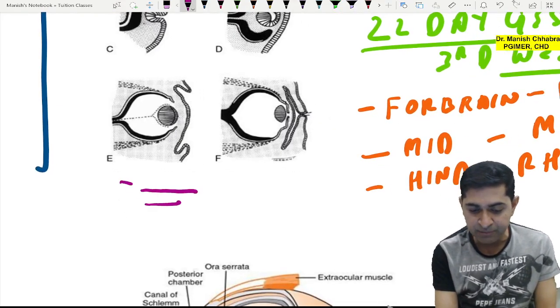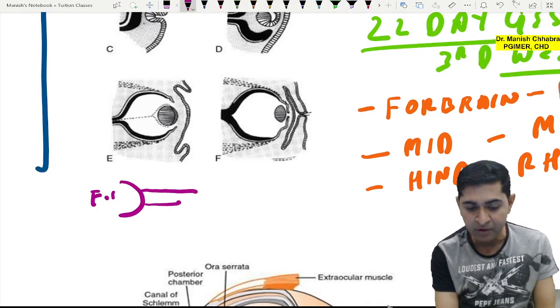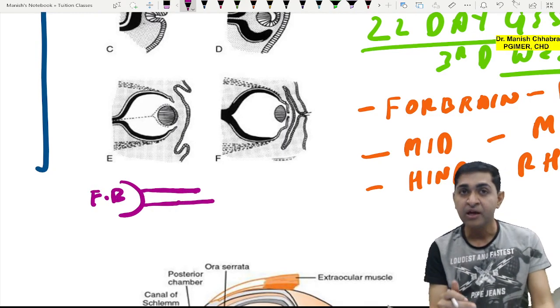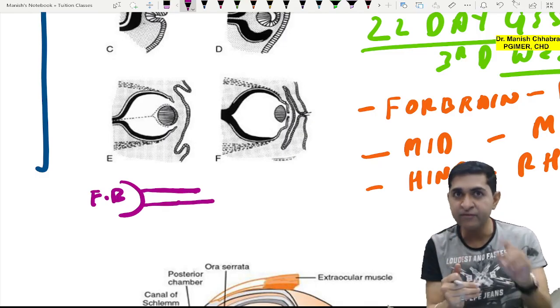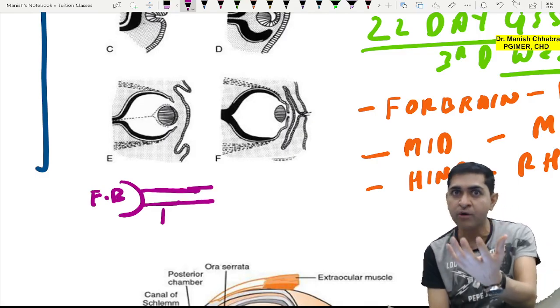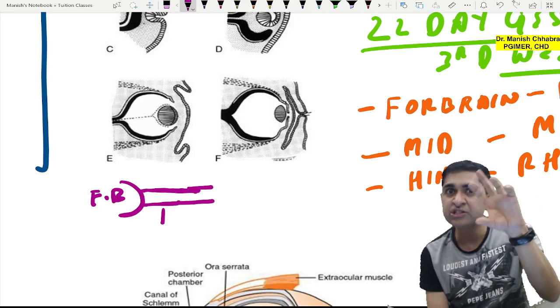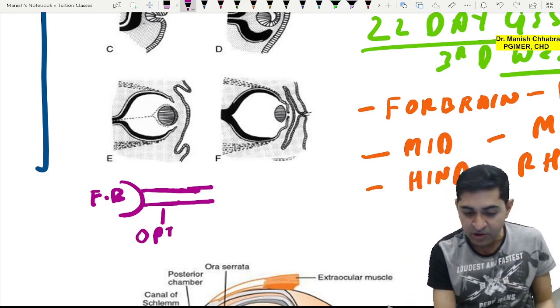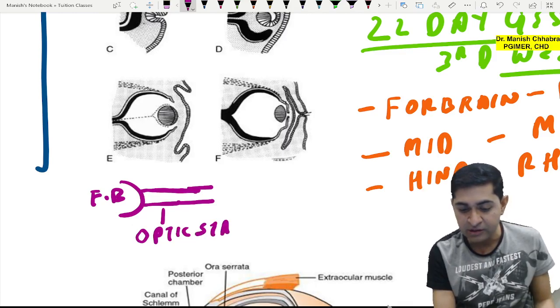So let's suppose this is your forebrain, prosencephalon. Then there is an extension of the part of the forebrain which is particularly the diencephalon. Because it is going to form the eye, something related to optics, you call it the optic stalk.